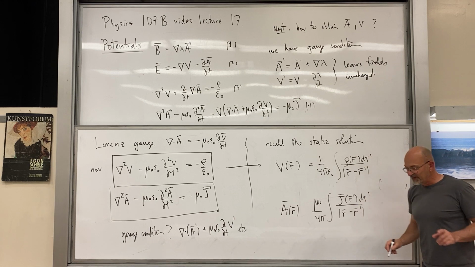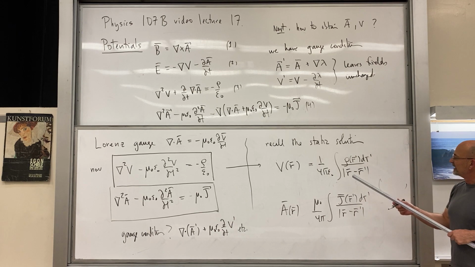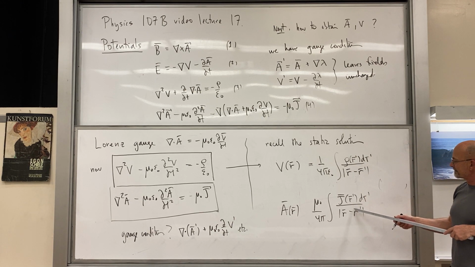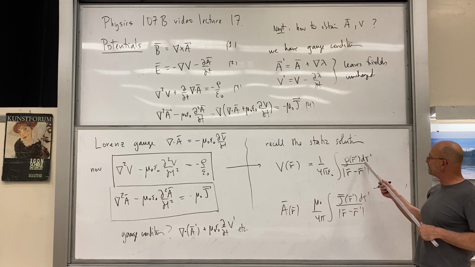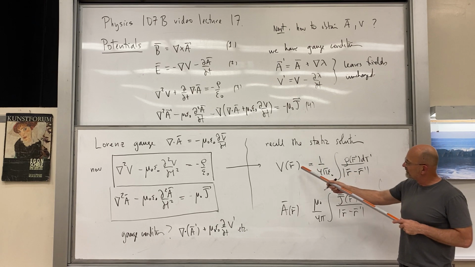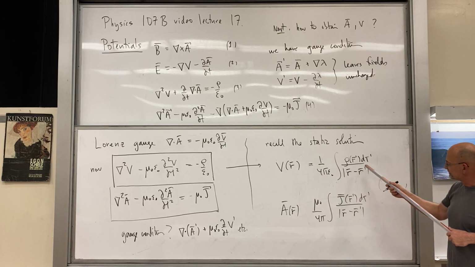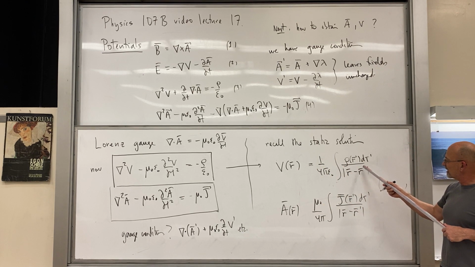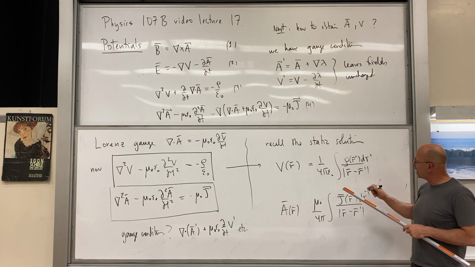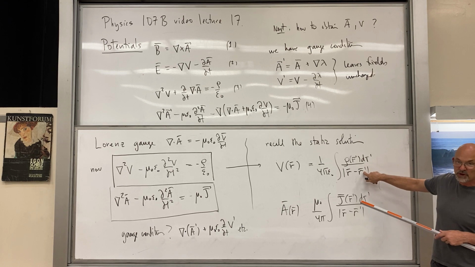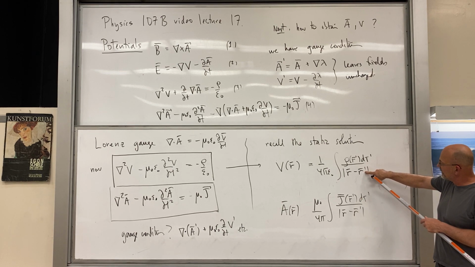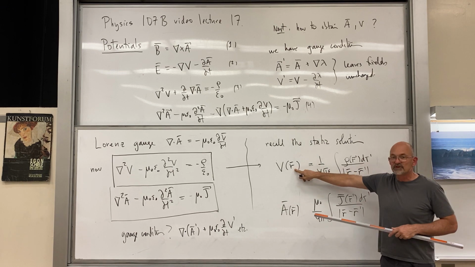So the generalization of these is found with the idea that the time dependence in both of these depends on the finite time it takes for a signal to go from R prime, over which you're integrating, to that point R, which is your argument.